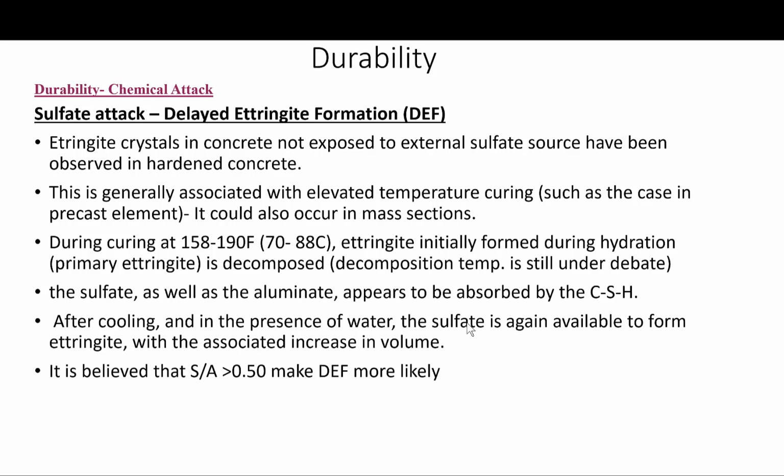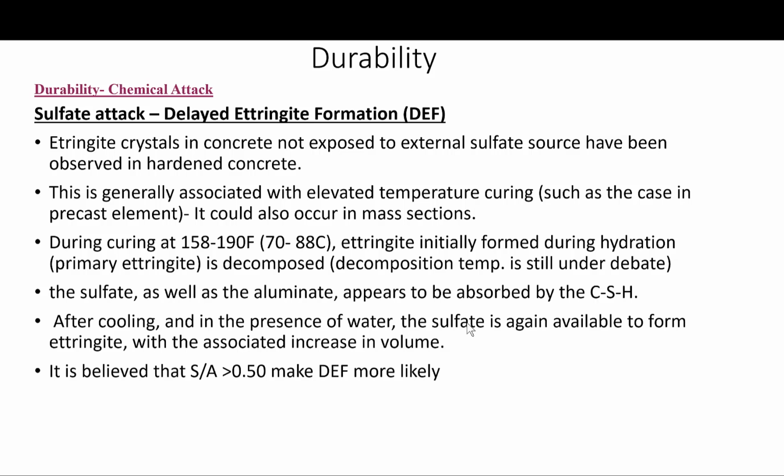Okay, so how it happens: curing at elevated temperatures, used in many precast plants, between 70 to maybe 88 degrees Celsius, between 158 and 190 Fahrenheit, can have negative implications involving sulfates.